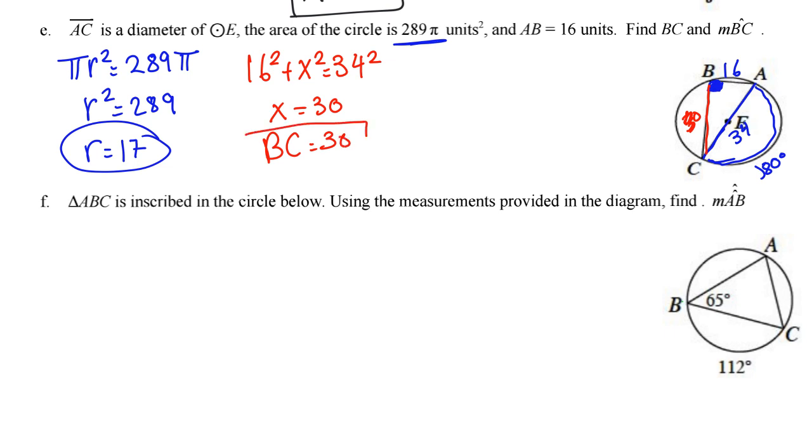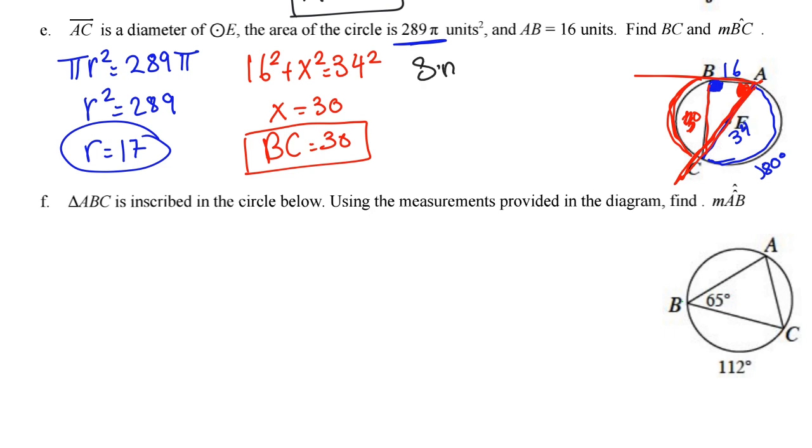Now I'm left to figure out the measure of arc BC. BC as an arc corresponds to angle A as an inscribed angle. So if I find angle A, I'll be able to figure out the measure of arc BC. It's a right triangle, so I can use my SOHCAHTOA again. I'll use the 30 as my opposite and the 34 as my hypotenuse.